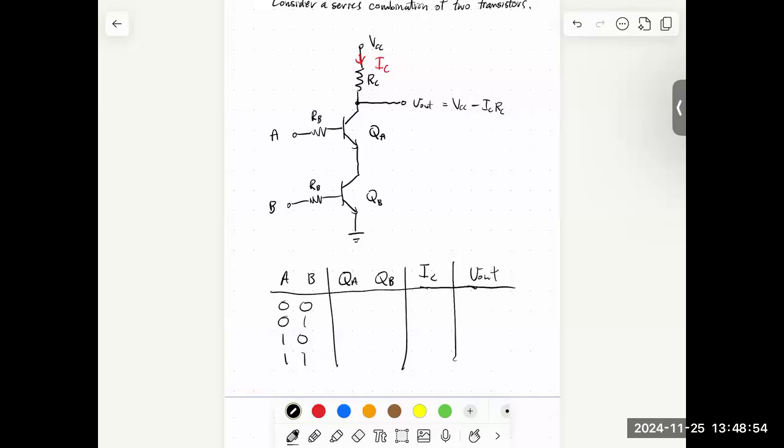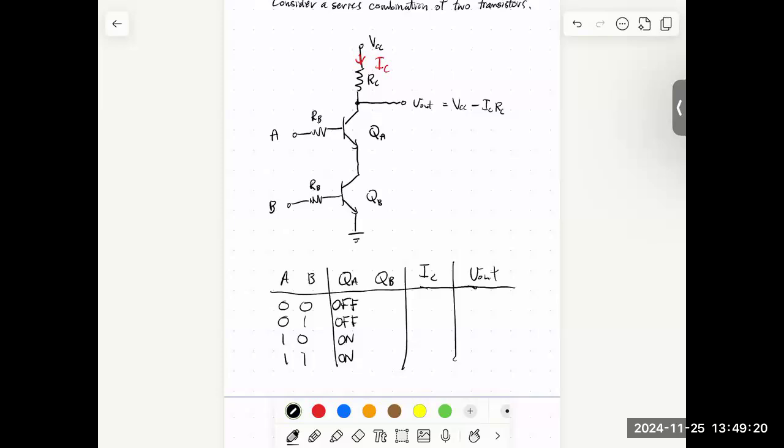So when A is high, QA is on, or it's conducting. If I make this 0, then this first base emitter junction is reverse biased, no current, and we'll call that QA in the off state.